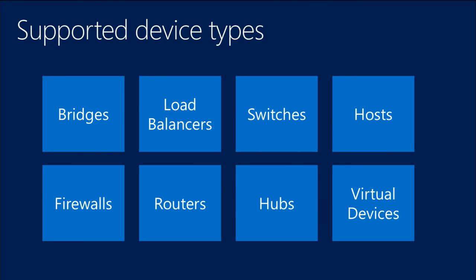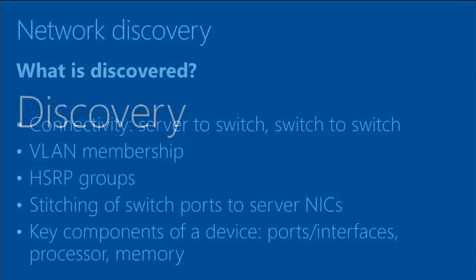We support those out of the box, and it all starts with discovery: finding the devices and adding the devices so that we can discover what the device is, what types of components it has, what we should monitor, and show you alerting when we find problems.